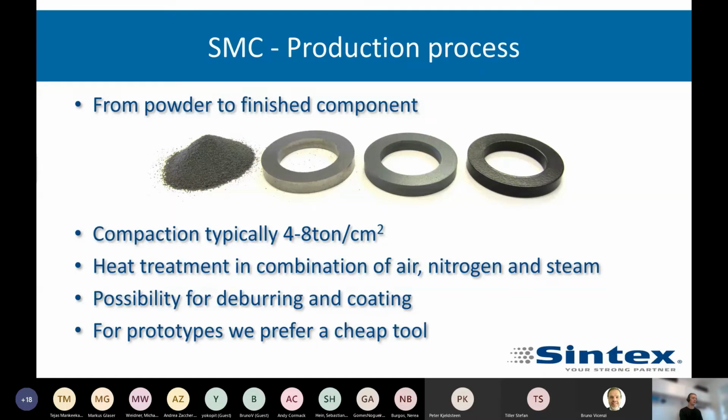I'll get back to that in a minute. And we have the possibility of deburring and coating the parts. For prototypes, we usually prefer a cheap tool, but there's also the possibility of making a bigger part and then machining out components.